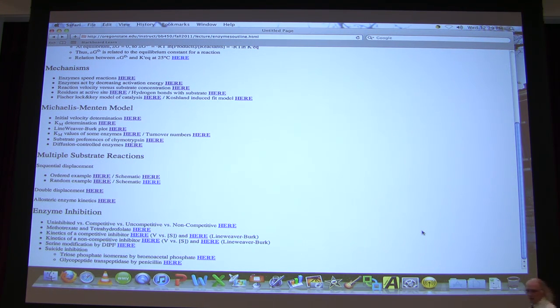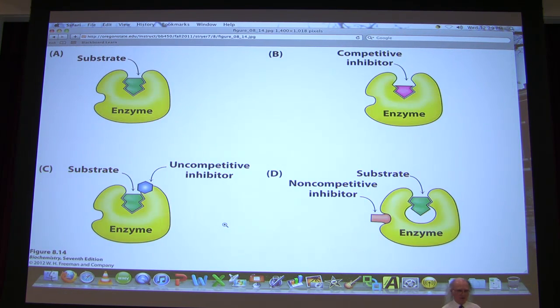There are three main types of inhibition that people talk about, and we're only going to talk about two of them in this class. We're going to talk about competitive inhibition and non-competitive inhibition. We're not going to talk about uncompetitive inhibition because students find it rather confusing, and we don't really need it to understand the basic principles of inhibition.